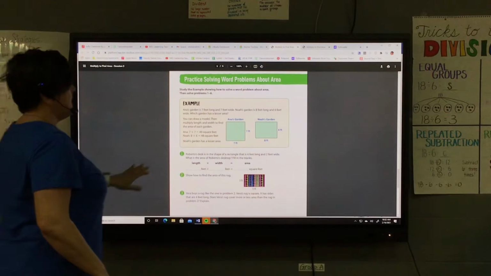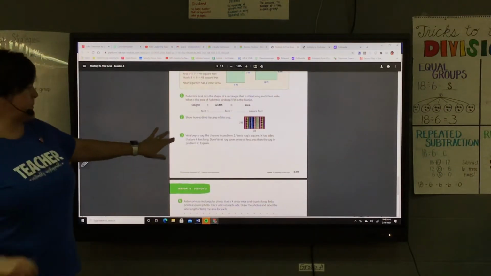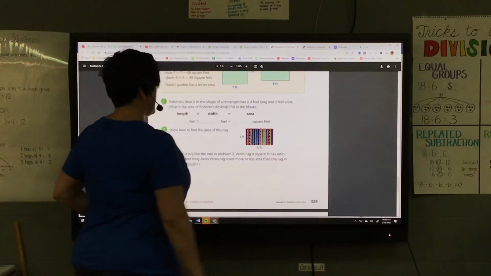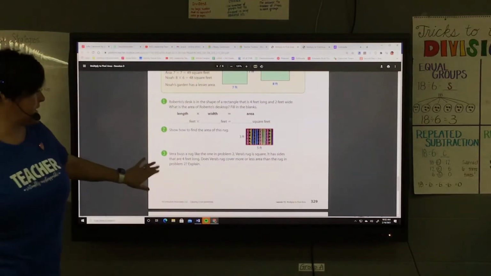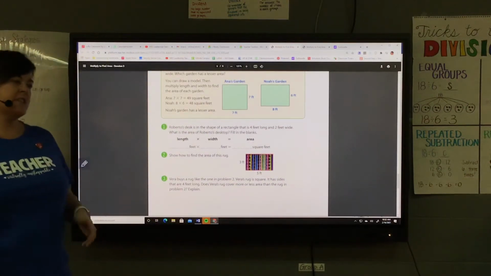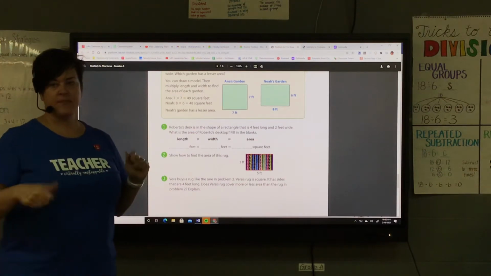Okay, first off, you're going to open your math workbook, and the next page, if I put my sticky note in the right spot, is 329, and you're going to carefully tear that out and just slide it under your book.